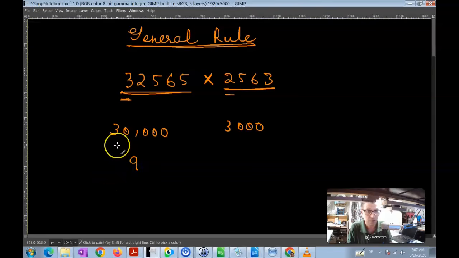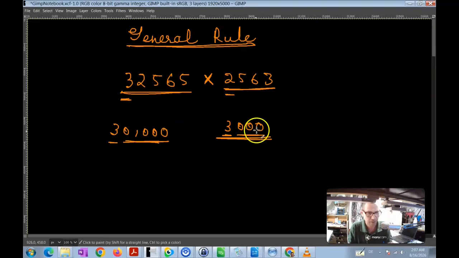And then when I multiply these numbers together, I get 3 times 3 equal to 9. Now when you want to multiply these two numbers together quickly in your head, you see that this number has, apart from the zeros it has, only a 3, and this number also has only a 3 and then a bunch of zeros.